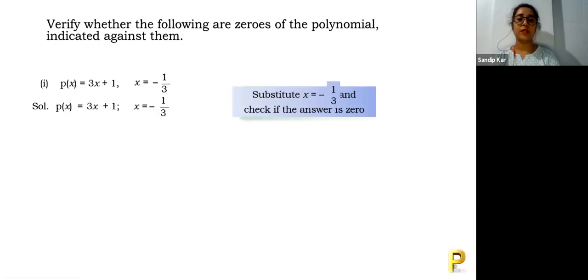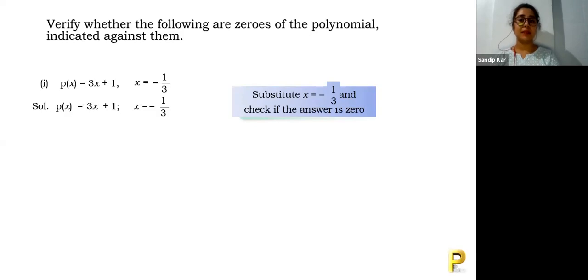So what you have to do is, in the solution part, I've copied the same question as it is. Then substitute x is equal to minus 1 by 3, because that is what is mentioned in the question, that in place of x, you have to put minus 1 by 3. Okay. Check if the answer is 0. So that is the main agenda behind this: whenever you have to find the zeros of the polynomial, substitute whatever value is given.